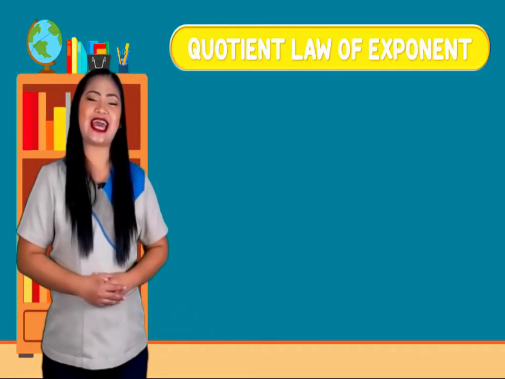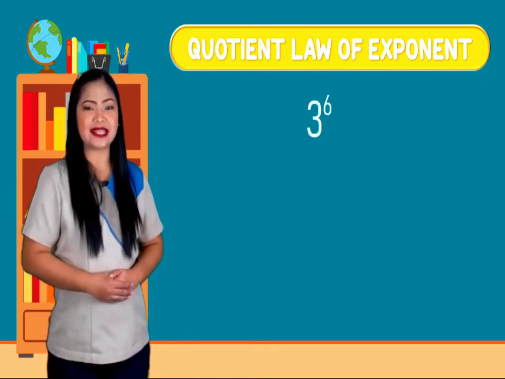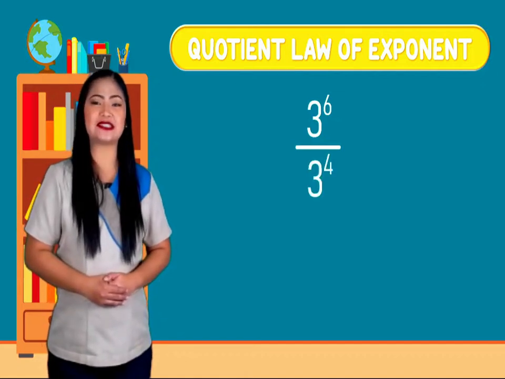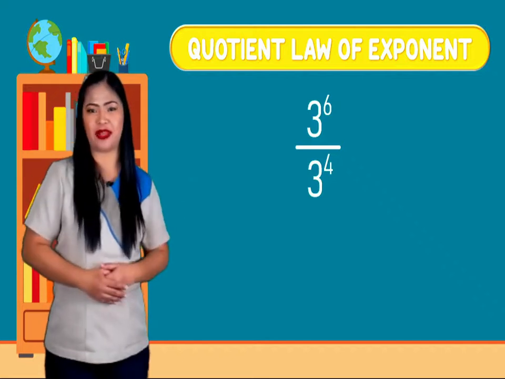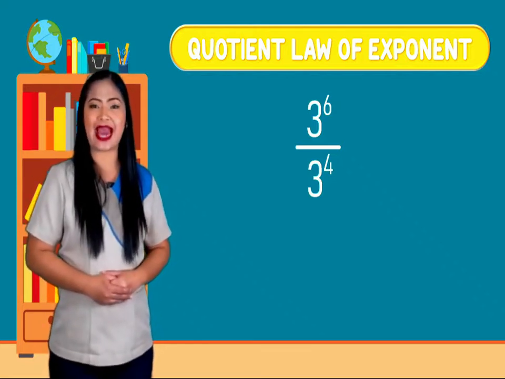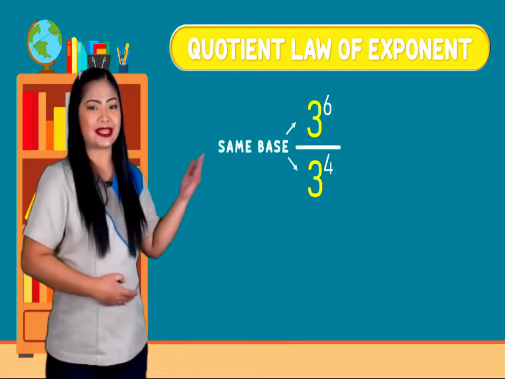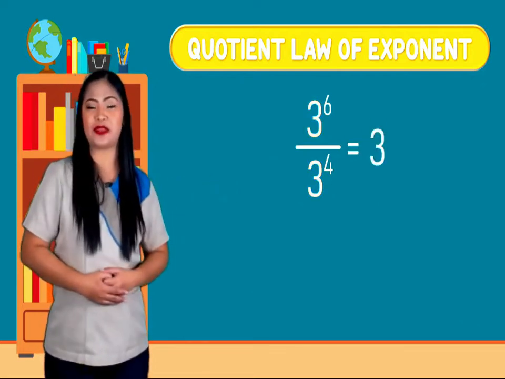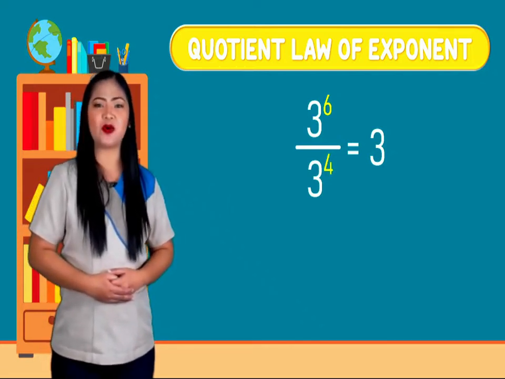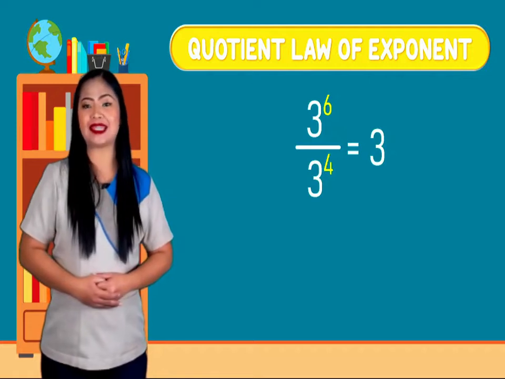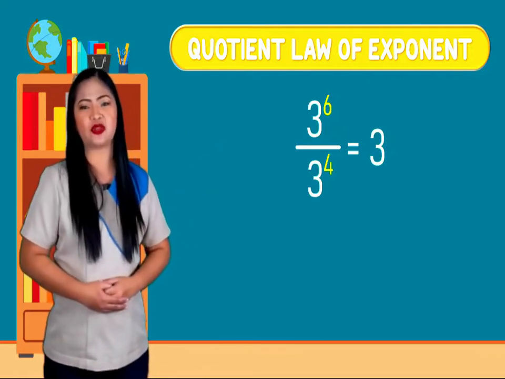This time, let us have the quotient law of exponents. In 3 raised to the 6th power over 3 raised to the 4th power, over also means division. As you can see, we have a same base which is 3. So, we just copy 3, and with regards to their exponents 6 and 4, according to quotient law of exponents, we need to subtract the exponent in the numerator minus the exponent in the denominator.